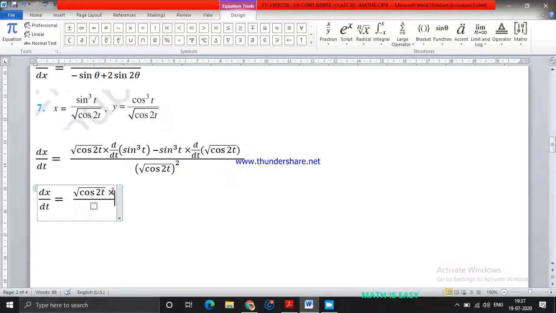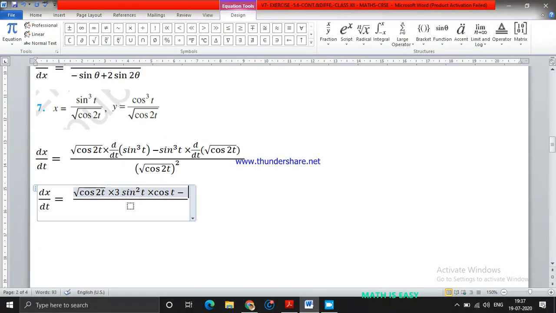Derivative of sine cube t is 3 into sine square t into derivative of sine t, which is cos t. Understood? Like derivative of theta cube is 3 into theta square into derivative of theta. Derivative of sine is cos.